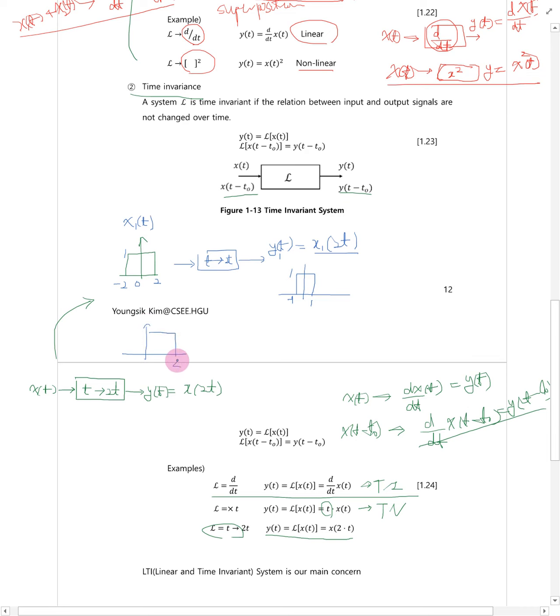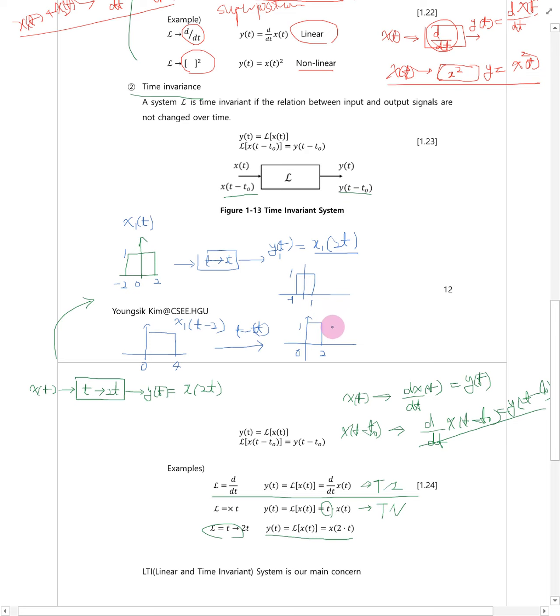This one is x1(t minus 2), the time shifting version. We apply the time shifting version, then t is replaced by 2t. Okay, time scaled. Then it will shrink down like this one. This is 2 and 0, and this is 1. This is the output.